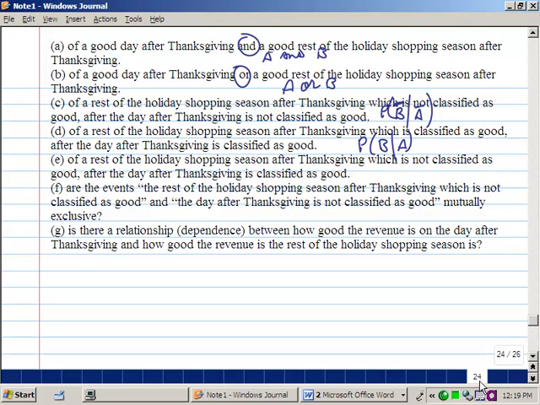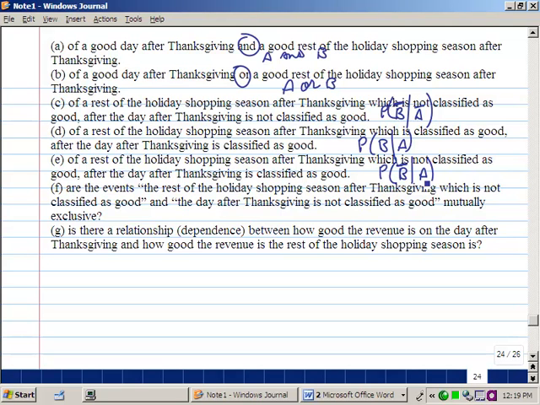Part E: the rest of the holiday shopping season after Thanksgiving, which is not classified as good. That's rest of holiday season not good, given the day after Thanksgiving is classified as good.